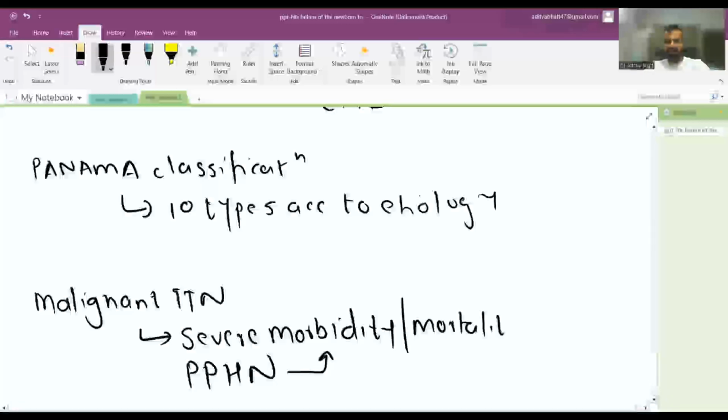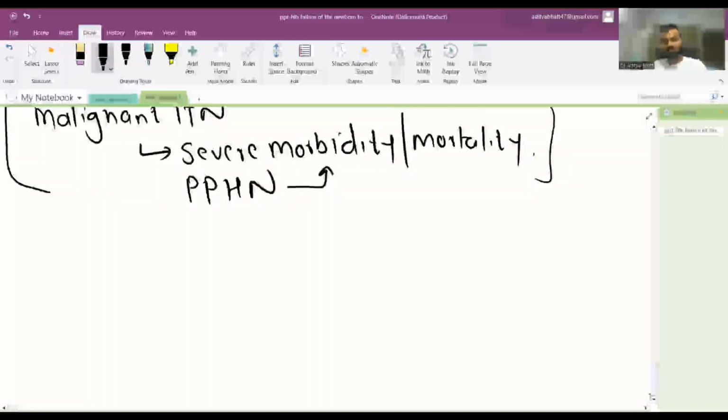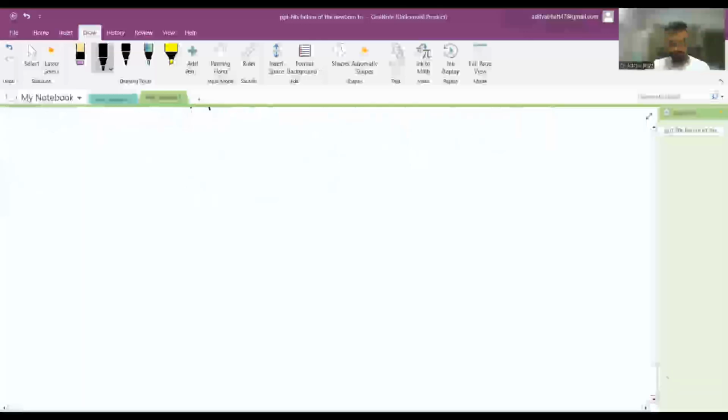This is actually the combination of TTN with PPHN. So this is how you need to understand it in the child. This was one thing I wanted to draw your attention to. Sometimes if you see malignant TTN, you will be worried that you have never heard of it.